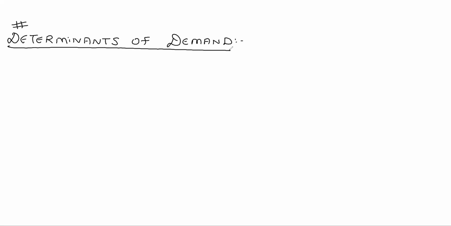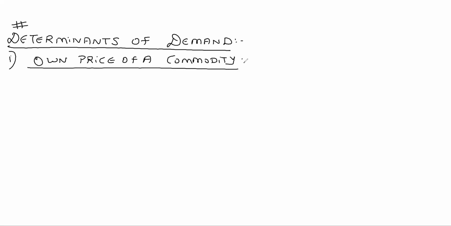Okay, so within this we have first the own price of a commodity, and all of us know the relationship. If the price of a commodity goes up, keeping other factors constant, quantity demanded falls, and if price falls, quantity demanded goes up.